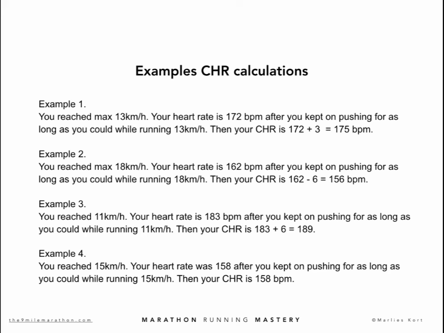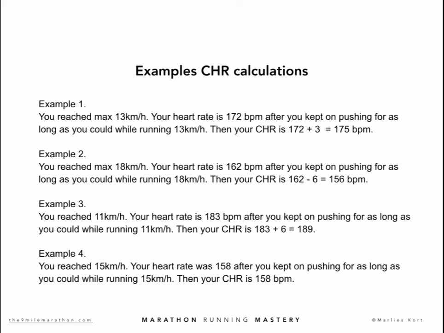Example 2. You reached max 18 kilometers per hour. Your heart rate is 162 BPM after you kept on pushing for as long as you could while running 18 kilometers per hour. Then your CHR is 162 minus 6 is 156 BPM.